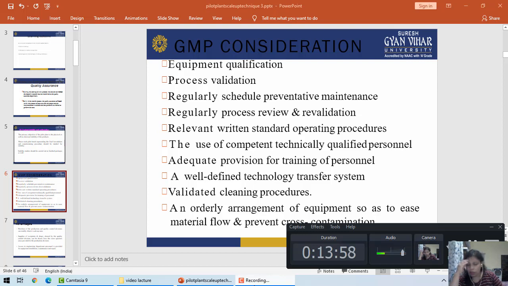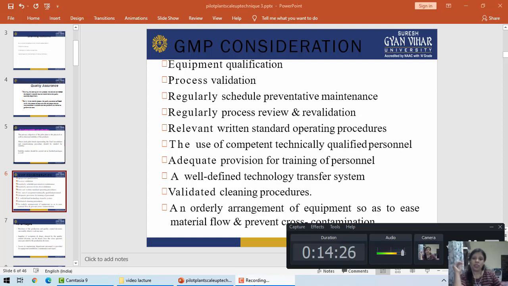For example, in manufacturing, if a B Pharmacy degree is required, you should be trained in it, you should have that degree. In case of lab testing, if a certain diploma or degree is required, you should have the qualifications for doing that particular work. Without qualification, you cannot be appointed in that place.